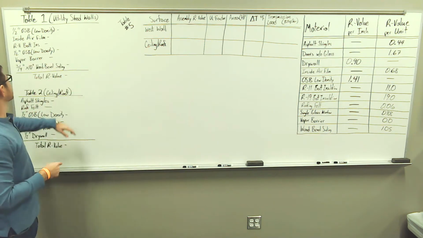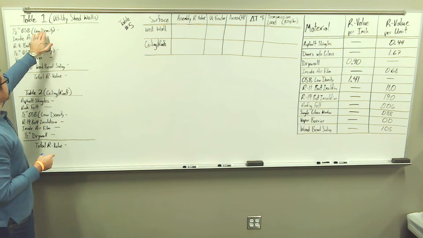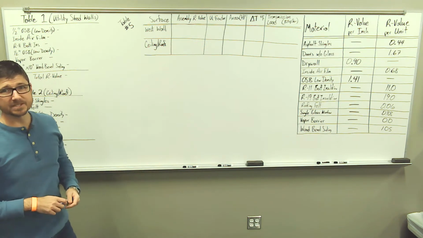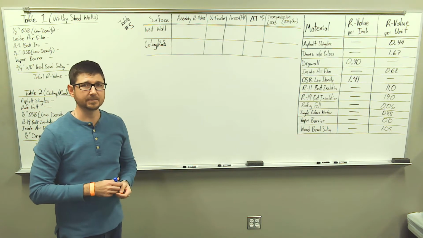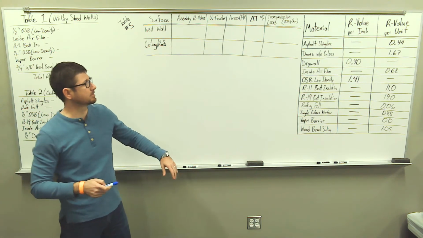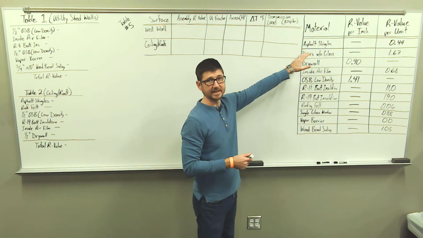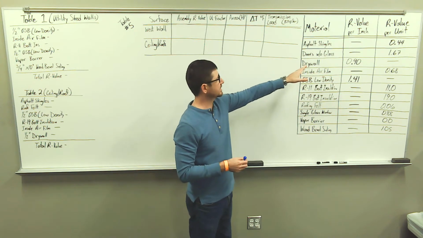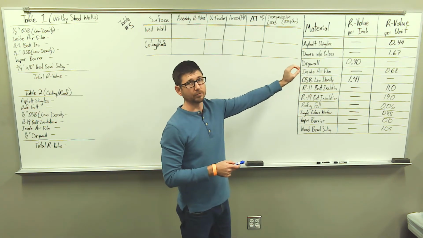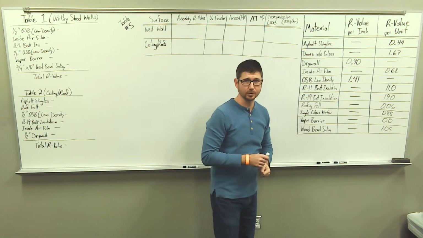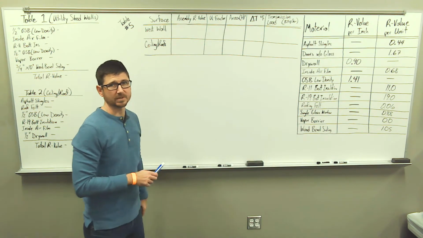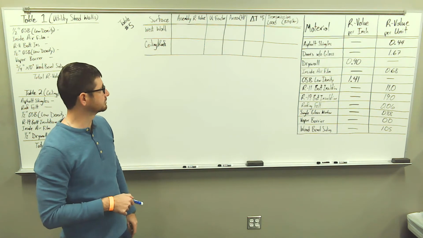We are given a list of different materials, and in the appendix at the very back of the assignment you have a materials list. There are 2 different sections for each material, R value per inch or R value per unit. Let's start in Table 1.